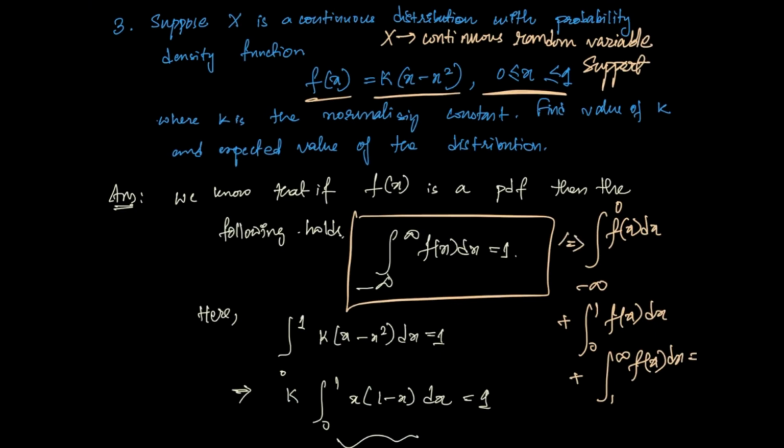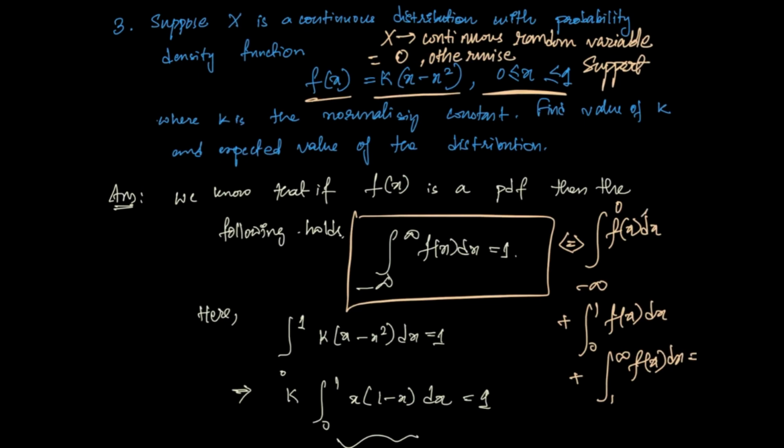The thing that is implied here is that f(x) takes this value when x is in this range, and anywhere else it is 0. It would have been helpful if they had written this in the question, but you should know that anywhere outside this range, f should be 0.